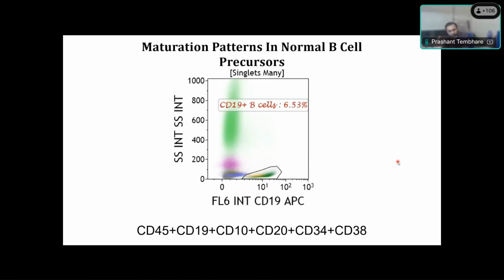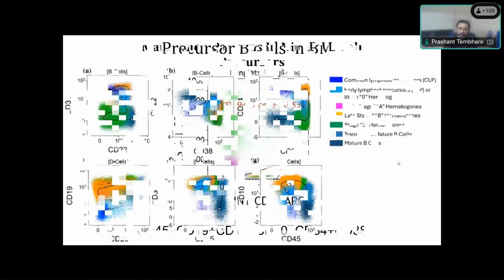What we have labeled as stage 0 is the stage present before CD19 expression, and before that is the common lymphoid precursor, coming directly from the hematopoietic stem cell. Stage 0 is before CD19 expression, but still a B cell precursor stage. And then you have the CD19 positive stages. Let's go stage by stage.